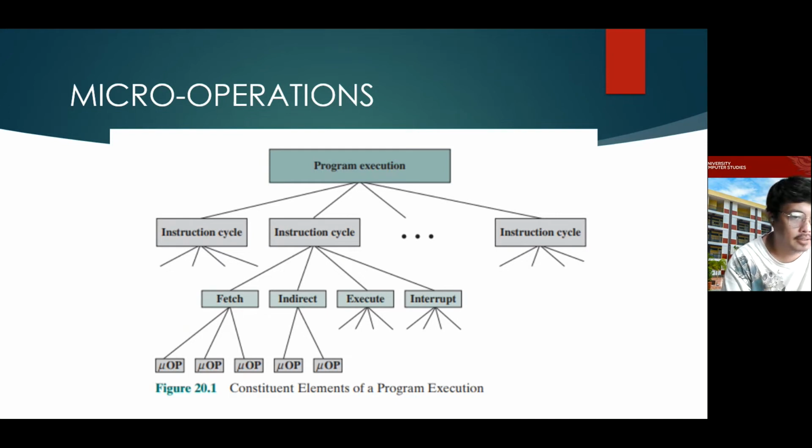To summarize, the execution of the program consists of sequential execution of instructions. Each instruction is executed during the instruction cycle, which is made up of short sub-cycles: fetch, indirect, execute, interrupt, and other sub-cycles.